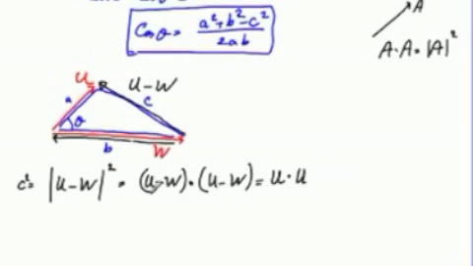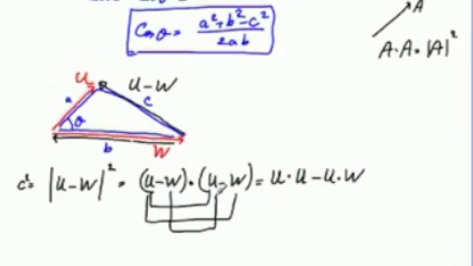Read out the rest of them for me. So first with last, I got U dot W. Yeah, this times that one is negative U dot W. Now this one times this one, negative W dot U, which is negative U dot W. And last with last, W dot W. Okay. What is U dot U?